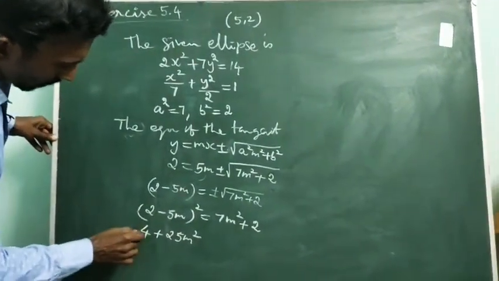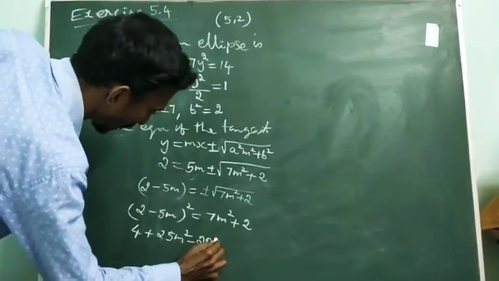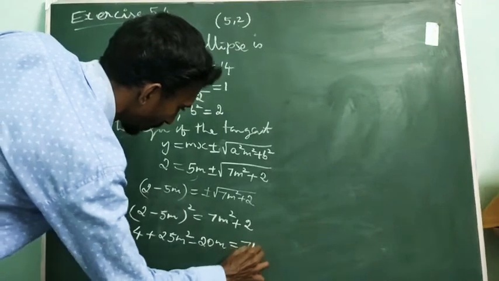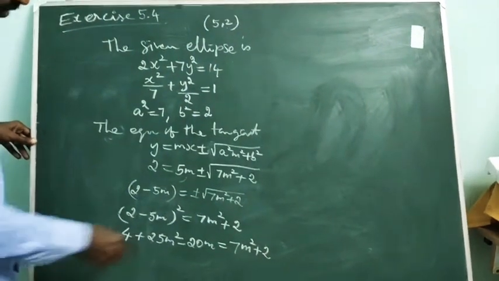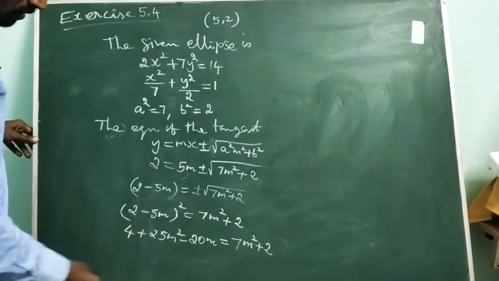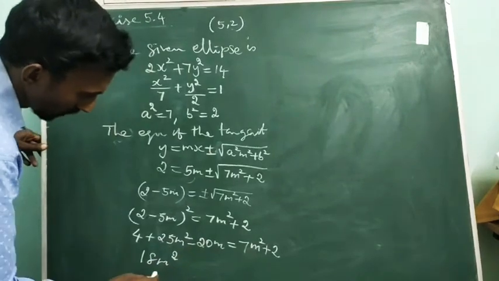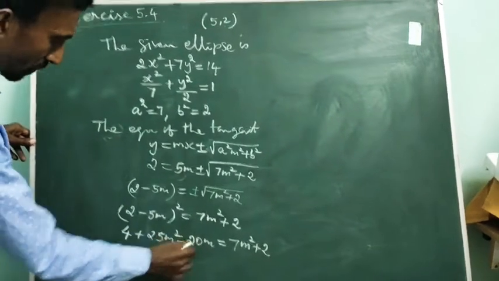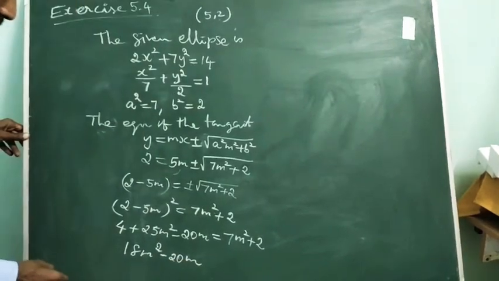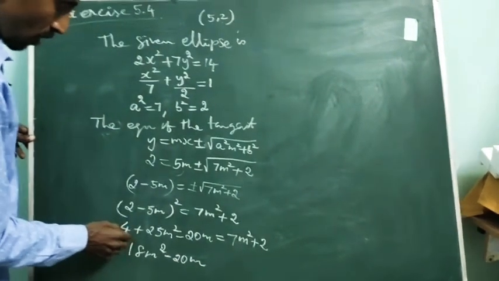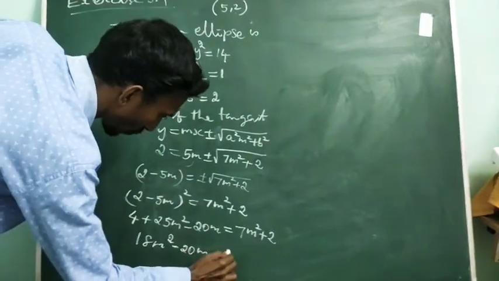And a square plus b square minus 2ab, minus 20m equal to 7m square plus 2. So change the side. 25 minus 7, 18m square, and minus 20m, and 4 minus 2, that is 2 equal to 0.